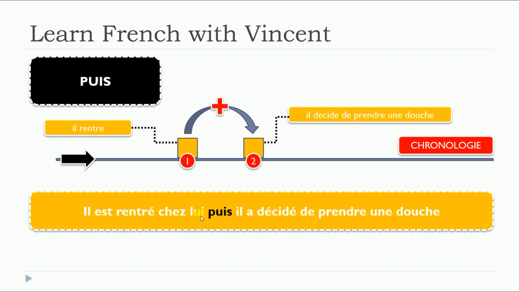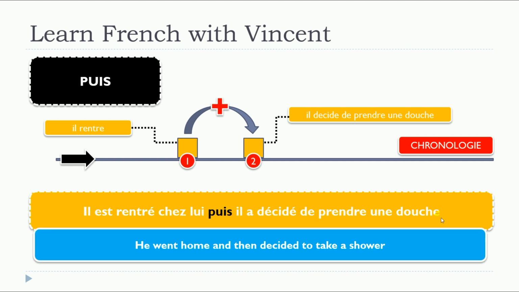Il est rentré chez lui, puis il a décidé de prendre une douche. So in that situation, I've been putting them in the passé composé. So it's exactly the same concept. In fact, you just say what he did. Il est rentré chez lui. So this is the first thing.